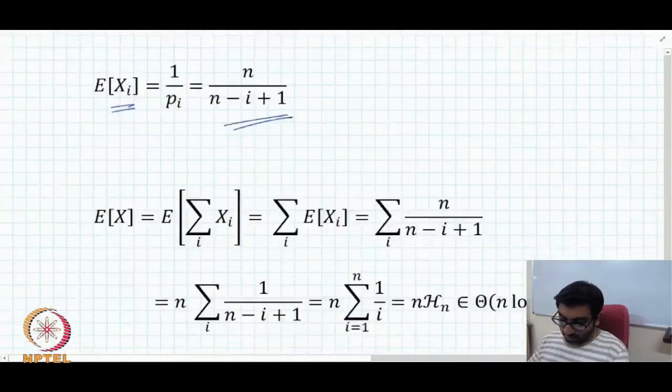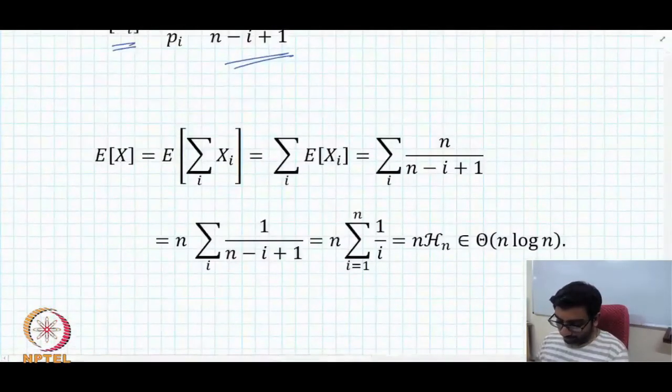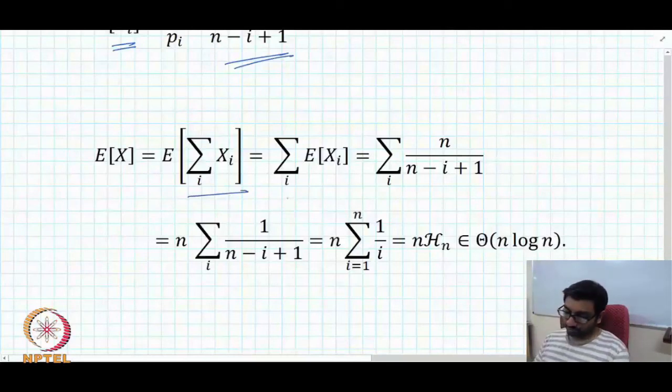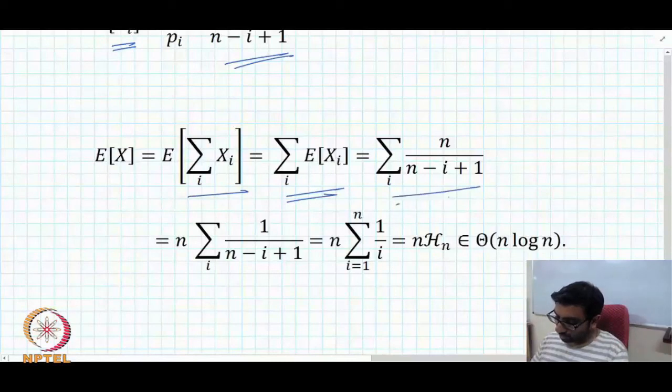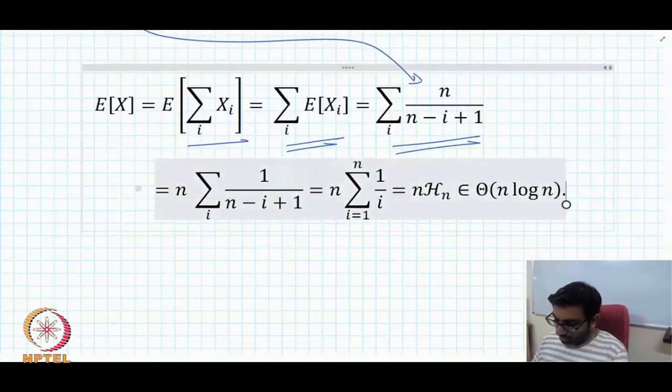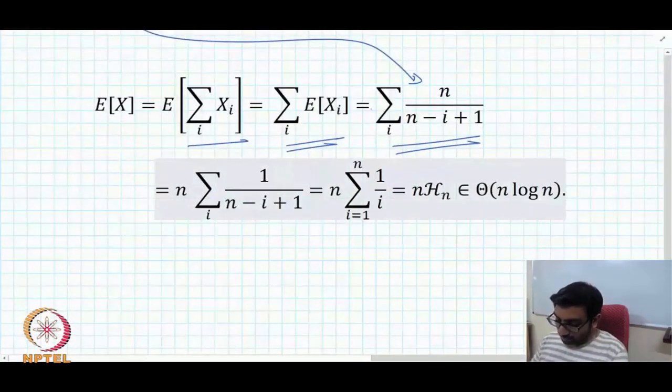And so now we can apply the linearity of expectation. E of x is equal to E of the summation over all i of xi. Then you apply linearity of expectation and the formula for E of xi that we've seen here, and so this n can be taken out of the summation. You get a summation over i of 1 by n minus i plus 1.